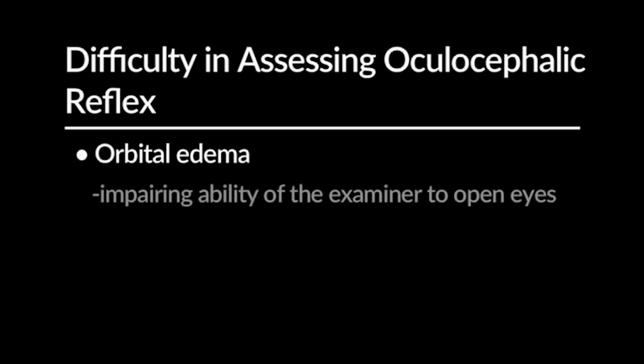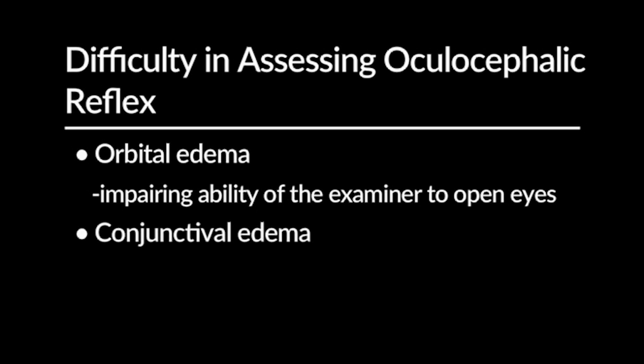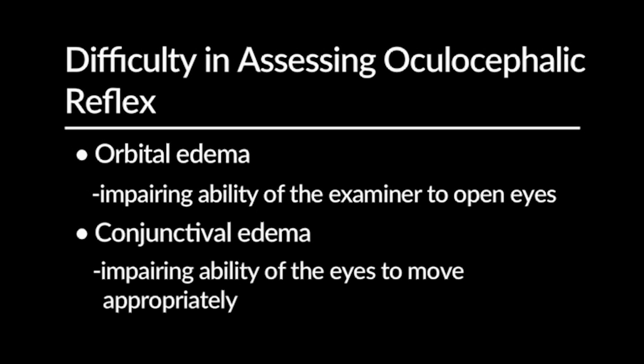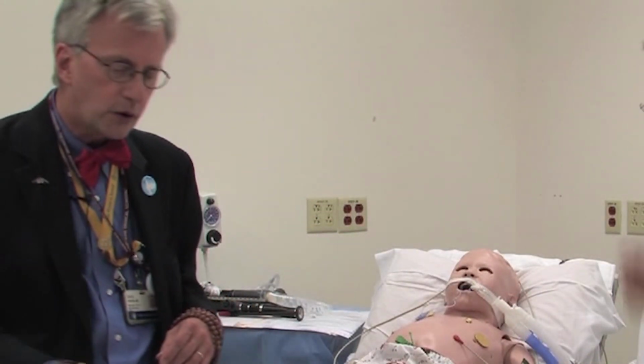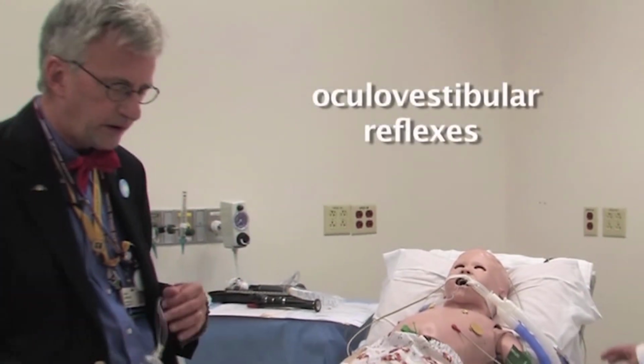It should be noted that this reflex can be difficult to assess when there is significant orbital edema, impairing the ability of the examiner to open the eyes, or with significant conjunctival edema, impairing the ability of the eyes to move appropriately.